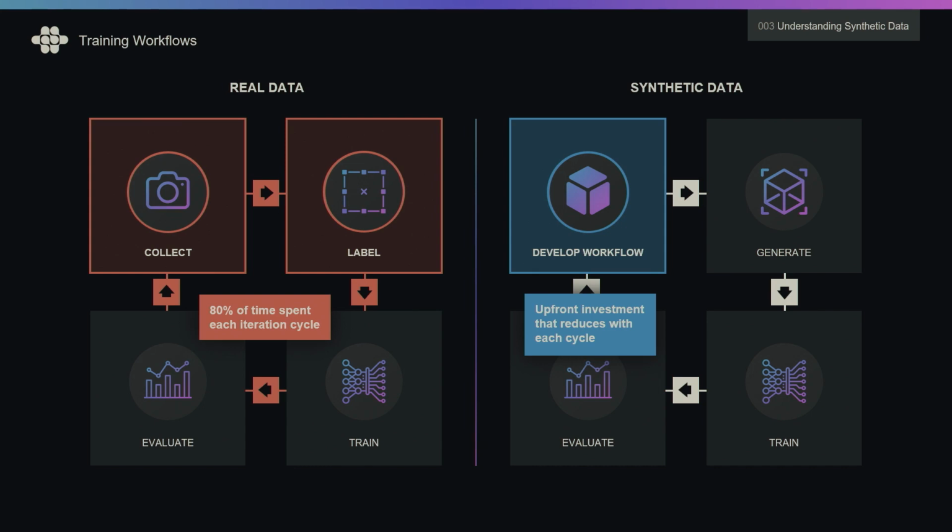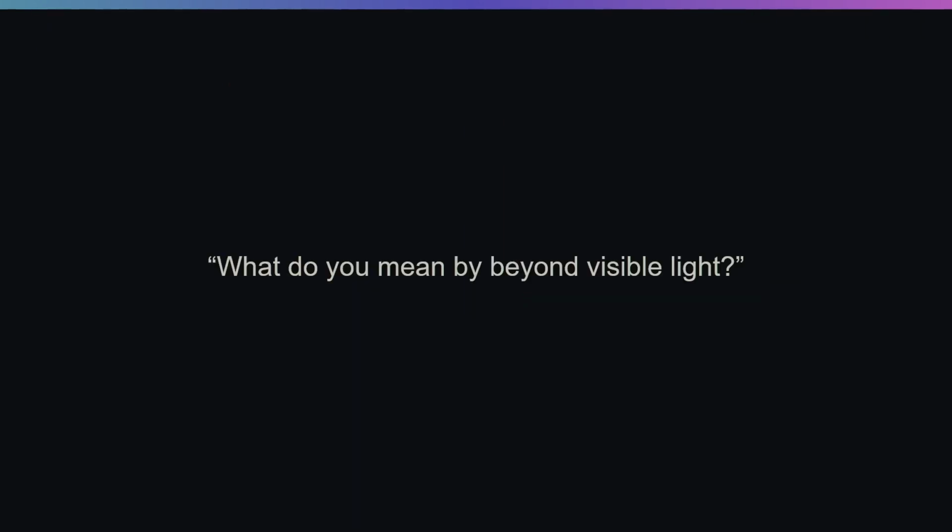On the other hand, with synthetic data, we make an upfront investment into a pipeline that allows us to generate this data at scale. As the pipeline is used, it becomes more mature and iteration times speed up. If a hardware change comes along the way, we're not starting from scratch. We update the camera intrinsics that we're using on our model or on our camera, and then we regenerate the data with all the capability that we've already introduced from the start.